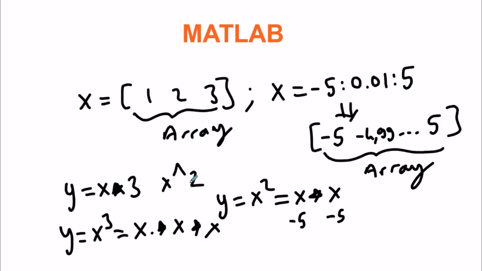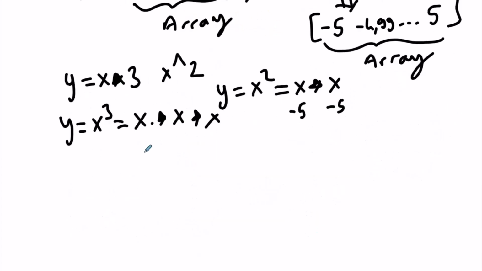To summarize, for multiplication, division, exponential and function operations, you put the dot sign in front of them as follows. So if it is the product of corresponding array elements, we put that. This is the logic of the matter.